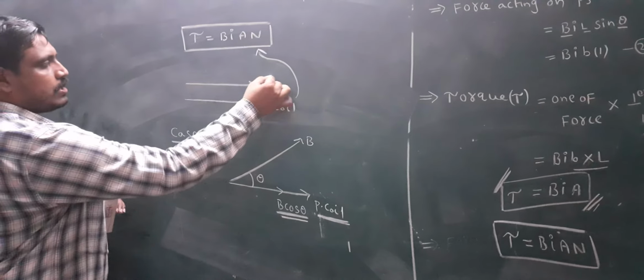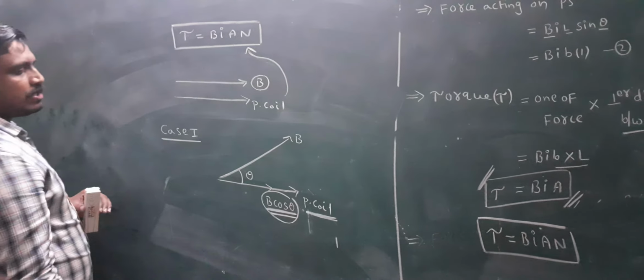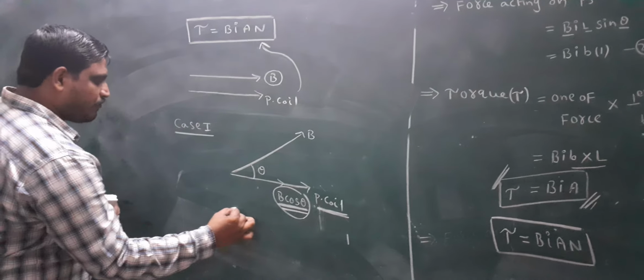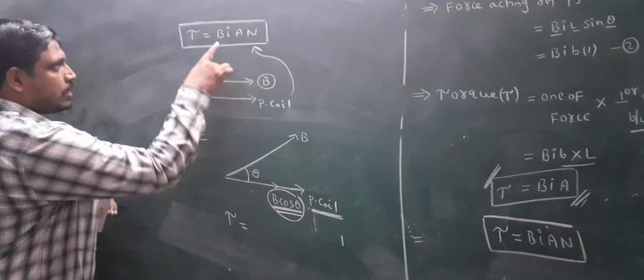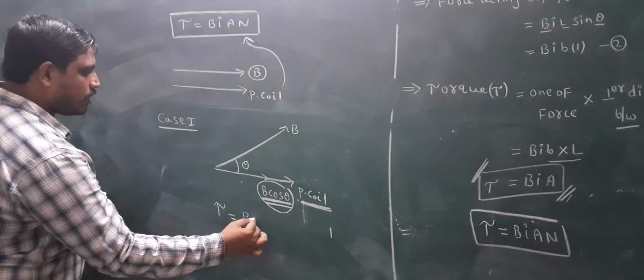So in the torque formula, B is replaced by B cos theta.